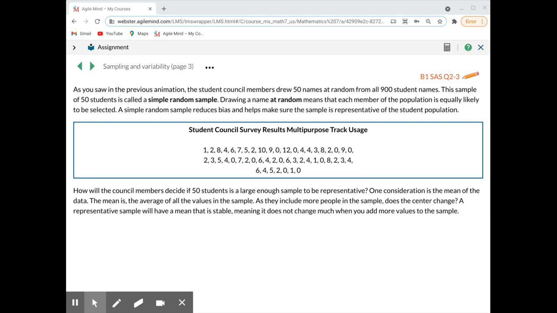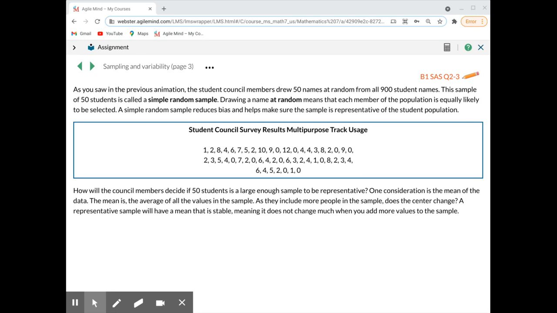To make a decision. And they're going to have to base it off of what? The data. And so what you're doing is you're taking the average or the mean of all this information and you're applying it to the whole student body to determine how often that's going to be used.